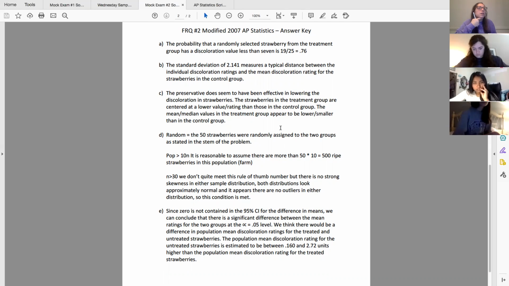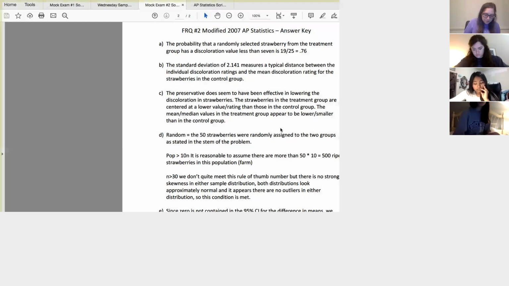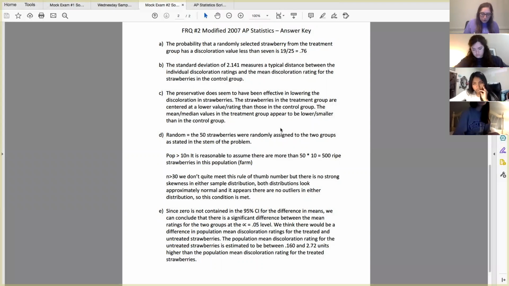So for part B, it wanted you to give the definition of a standard deviation or the script for it. It's your average distance between the two groups, so between the mean and the control group.